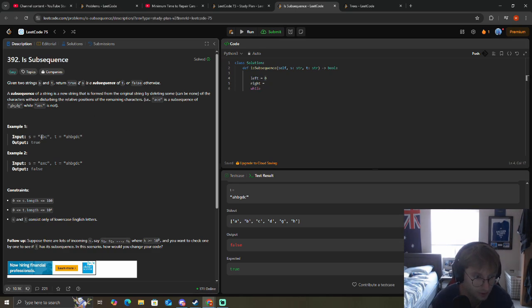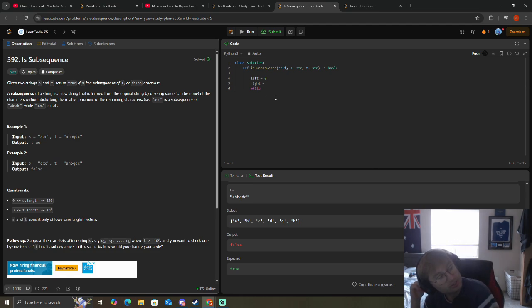Left is equal to 0 here, then we create another pointer in this while loop that loops through this. So we keep looping. Then if left 0 is equal to right 0 or whatever, we put this back to 0, so we start from the beginning, and we loop through again and check if B is here. And if it's not there, then we automatically return false. That's what I'm thinking, but maybe there's a better way to do it.